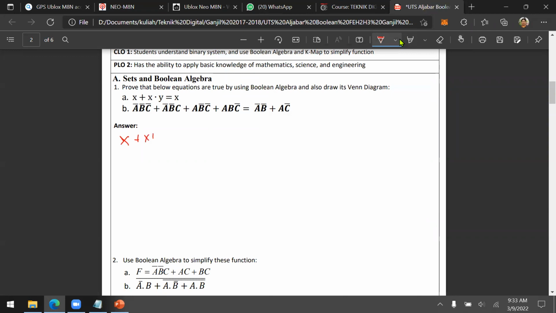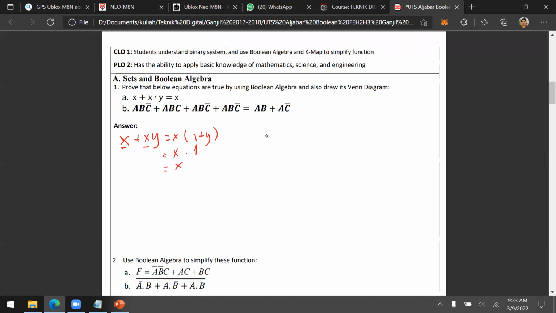X plus xy: we have the same x here, so we can take out x to become x times (1 plus y), and then this one becomes x1, which is x.